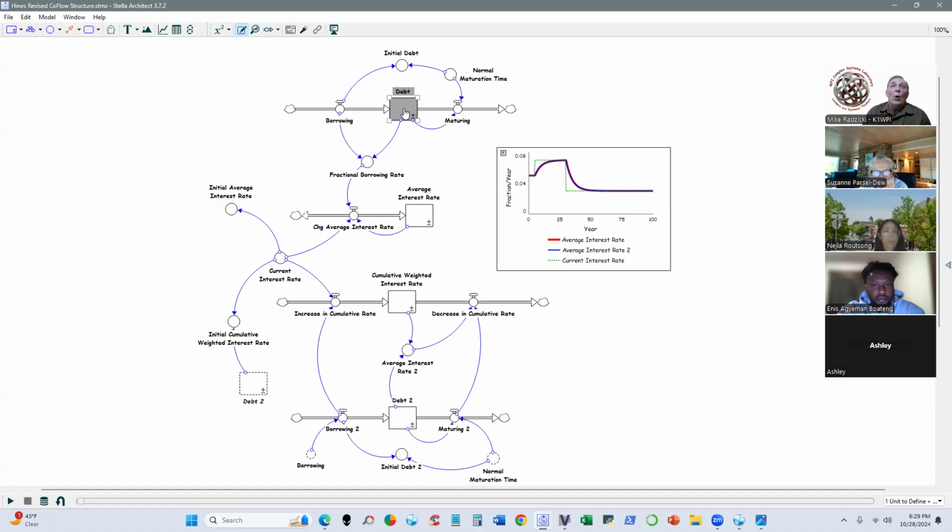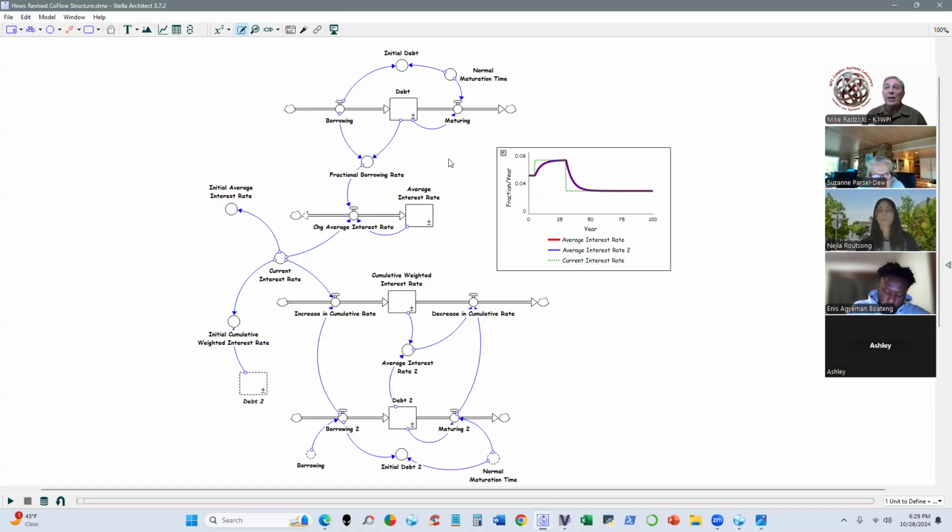What that means is that we want to know the average characteristic of the stuff in the stock: the average salary of the people in the stock, the average educational attainment, in this case, the average interest rate associated with different debt instruments. Coflows are used to keep track of the average characteristic of the stuff in the stock because the stock considers them to be identical.